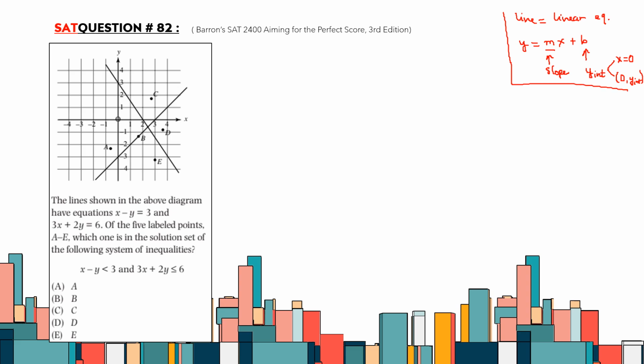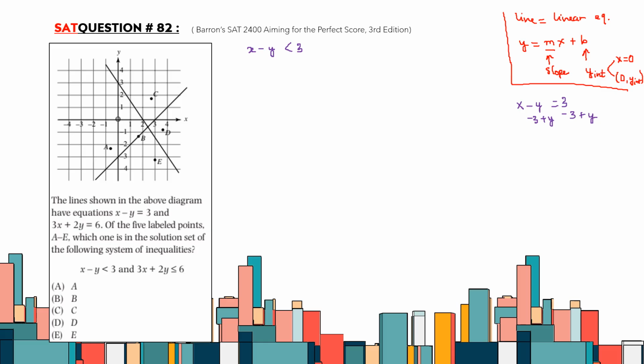So first we have to label which one is the line x minus y equals 3 and which one is the line 3x plus 2y equals 6. So we have x minus y less than 3. We imagine if we have x minus y equals 3, we'll solve for y by subtracting 3 from both sides and adding y to both sides.